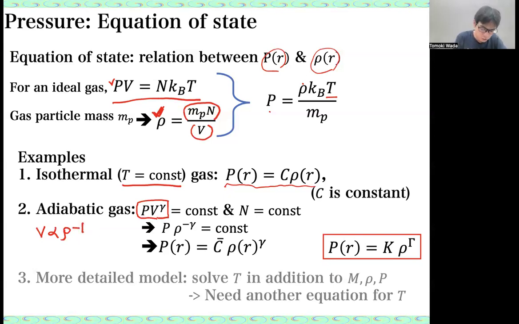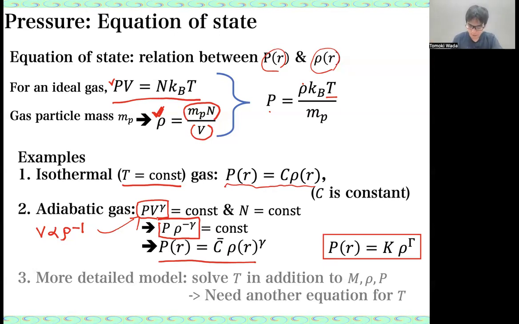Substituting this relation into here, we get this combination. And this combination is also constant for adiabatic gas. So we get this equation of state: P is proportional to rho to the power of gamma. This is valid for adiabatic gas.